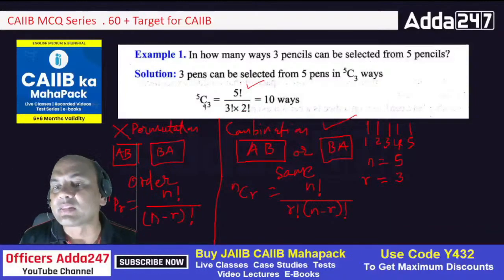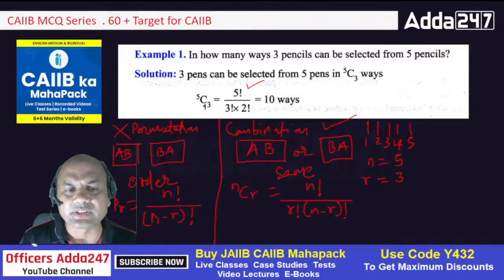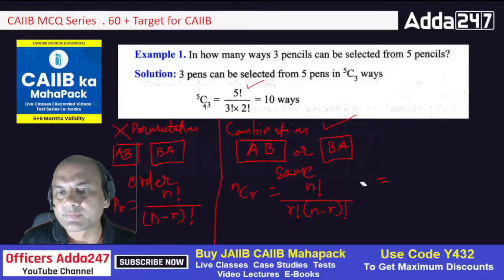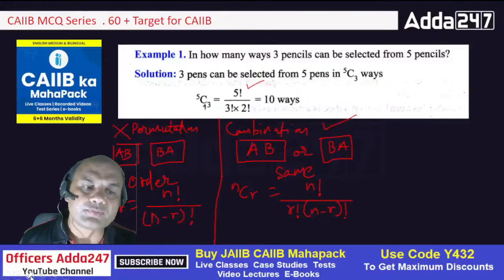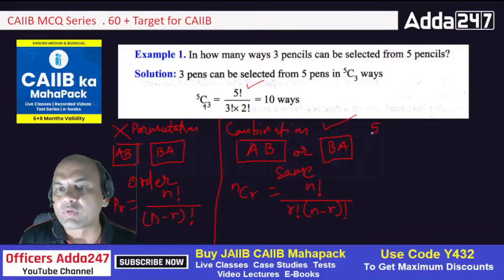Now what is factorial? Let me remove whatever is not needed first. Factorial means, suppose I have 5 factorial, what does it mean?